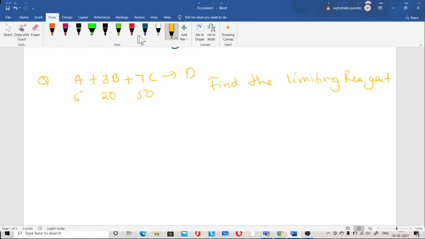So it is your A, B, then B and C, and A, C. So what is the ratio here? A to B is your 1:3 ratio. That is 1 mole of A and 3 moles of B. That ratio I am talking about.